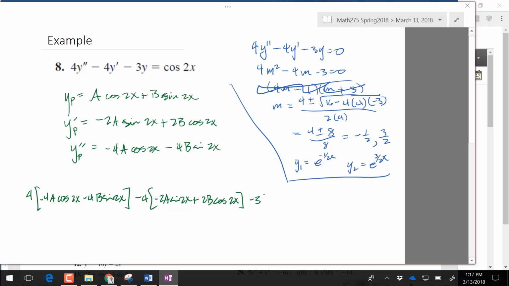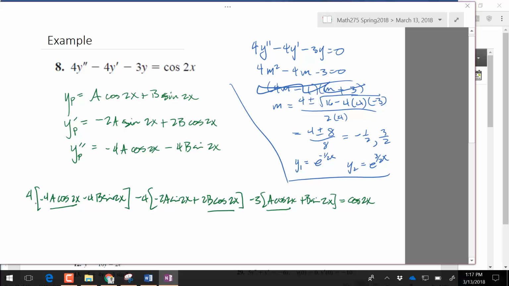And then our y itself is just a cosine 2x plus b sine 2x. So if there's a sine 2x on the left-hand side, we're going to set the coefficient of that equal to 0.